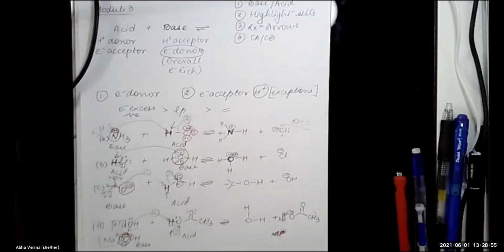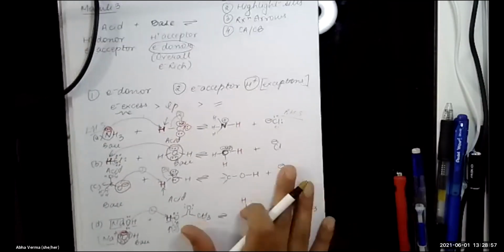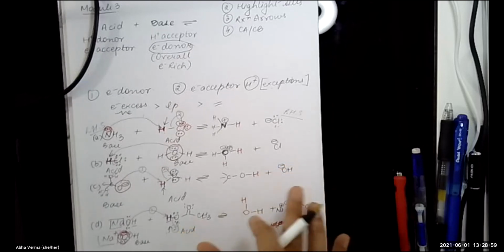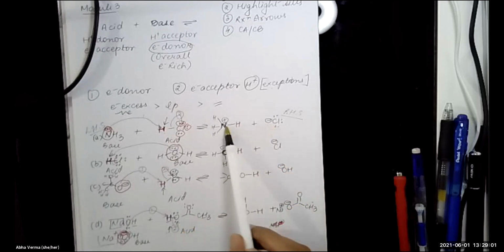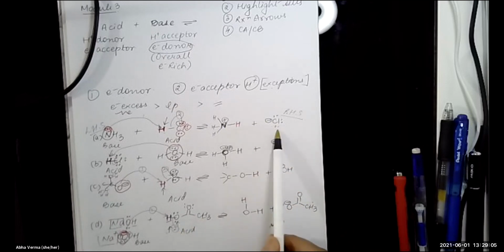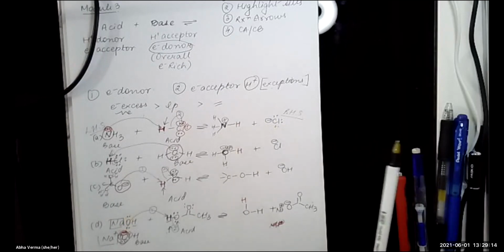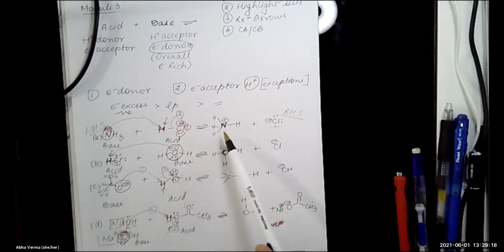Another way, and that is the right way to figure out your conjugate acid and conjugate base, is among these two, who has the more acidic hydrogen? That will be the acid or conjugate acid. Or among these two, where is the excess of electrons? That would be my conjugate base. So if I compare these two, this nitrogen has lost its lone pair.